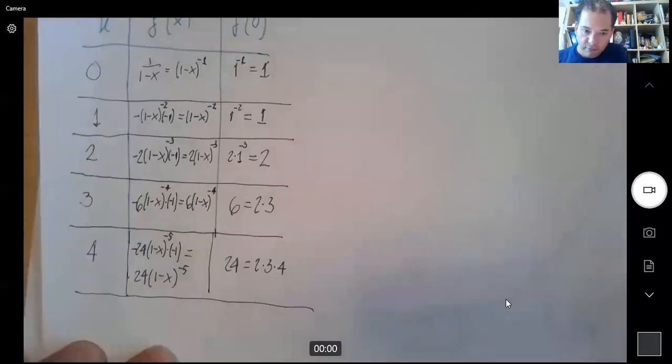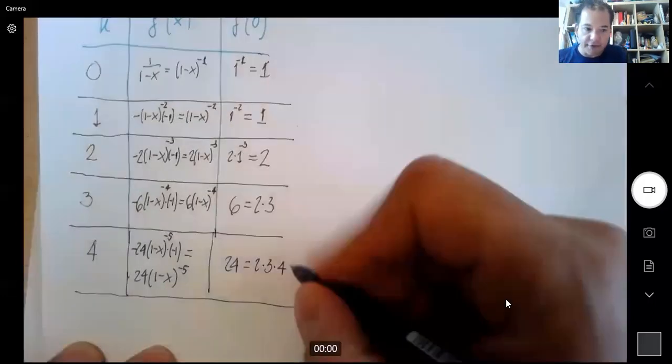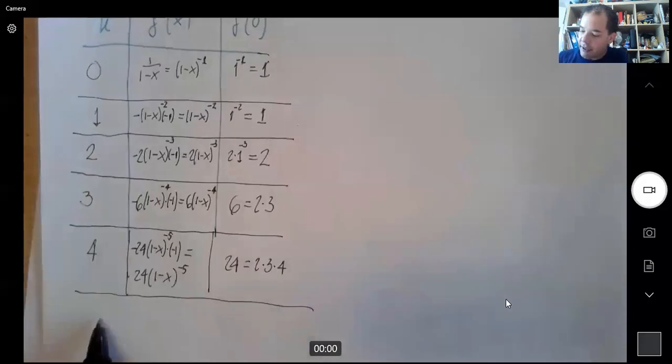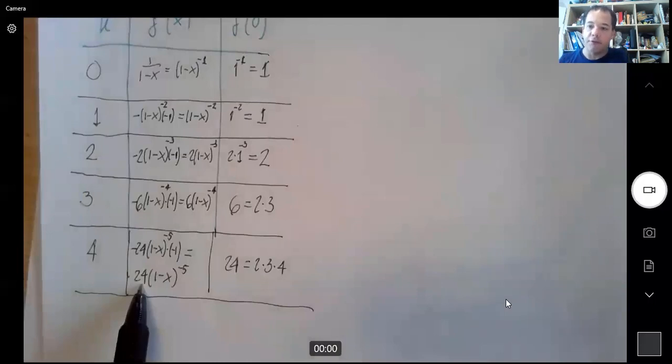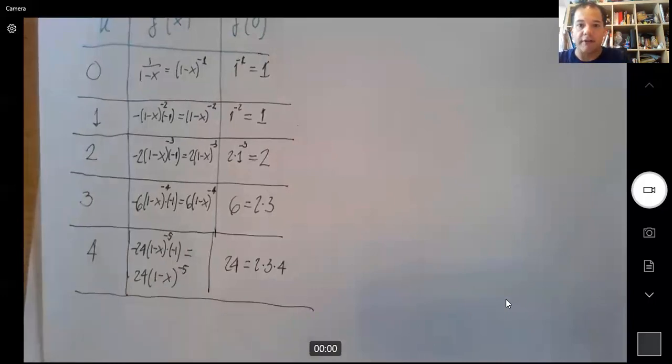Would it be just a factorial? Yes, that's exactly right. And it makes sense, right? When we do the fifth derivative, this 5 is going to come down and multiply this 24. And 24 was 2 times 3 times 4. So now it will be 2 times 3 times 4 times 5, right? We're going to have an additional number there.